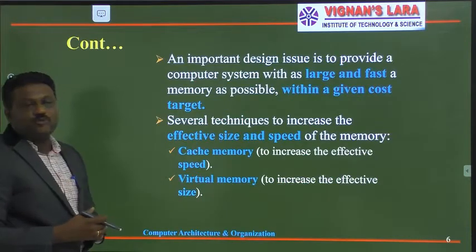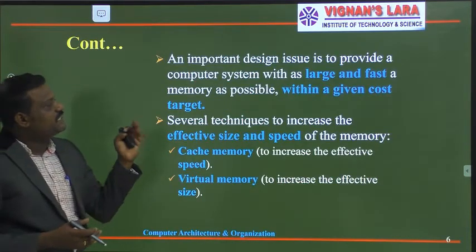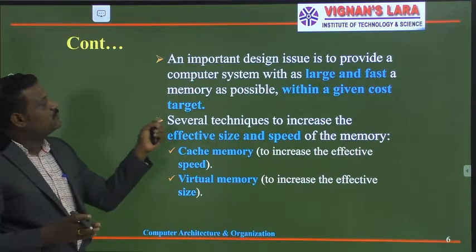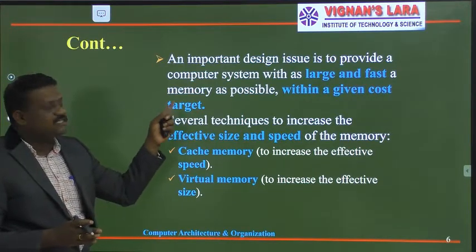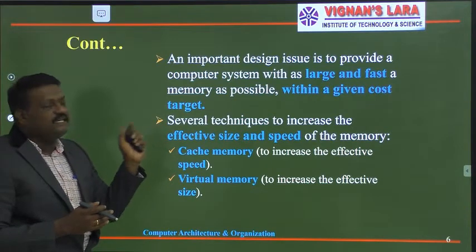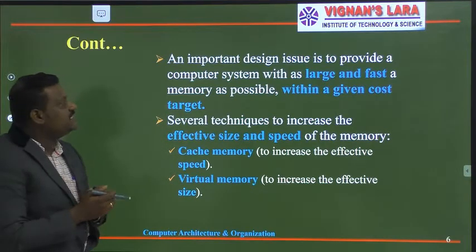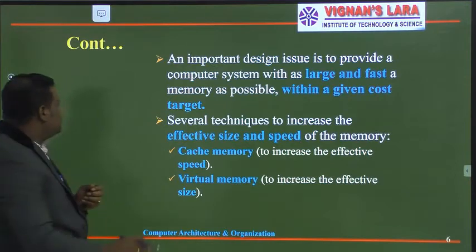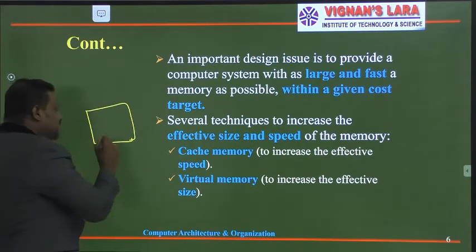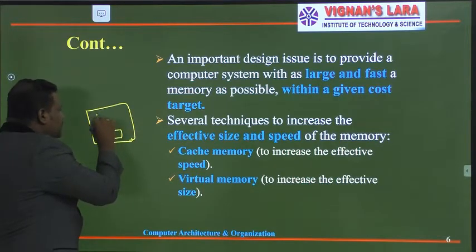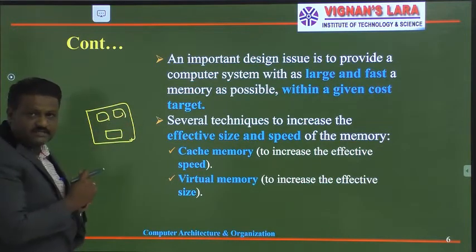The next one. Here's an important design issue: to provide a computer system with as large and fast a memory as possible within a given cost target. For example, I would like to make a computer system. No doubt that system must have a memory element along with a CPU and IO devices.